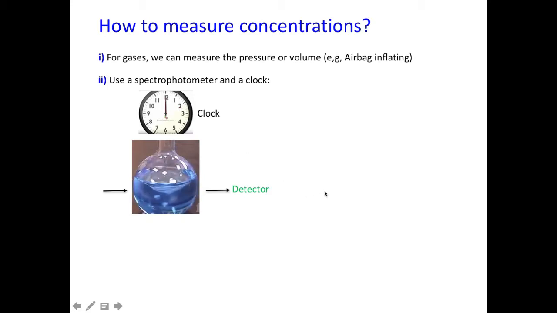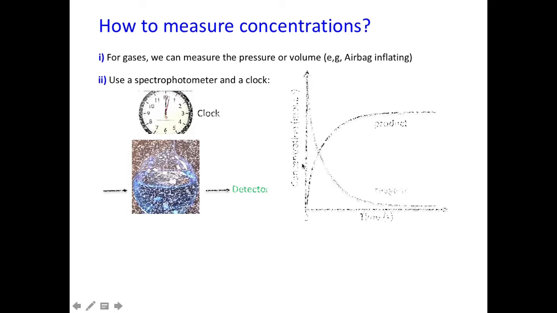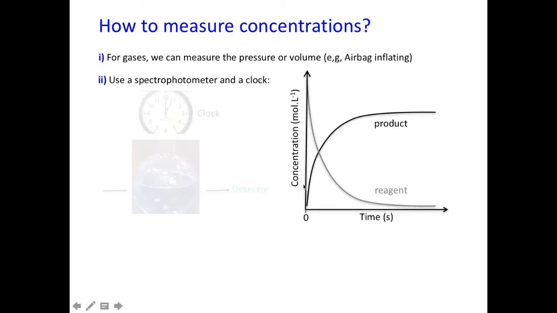Then we can plot the intensity of absorption against time in order to get a concentration. If we get absorption, we use the Beer-Lambert law to get a concentration. And then we see that as time increases, the concentration of the reagent is high in the beginning and then decreases. In the beginning it decreases very fast, and then it decreases slowly.